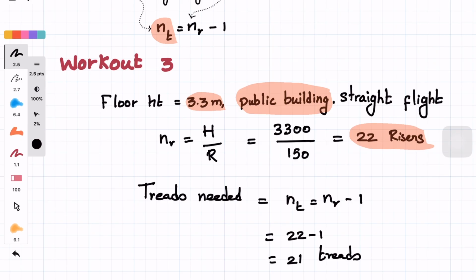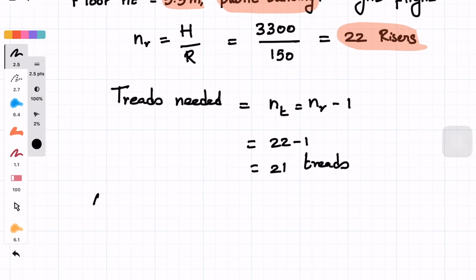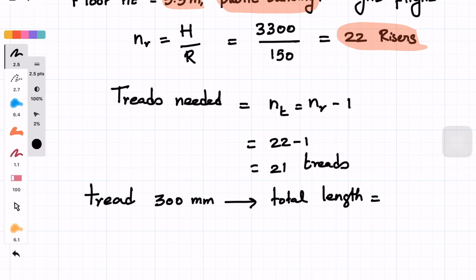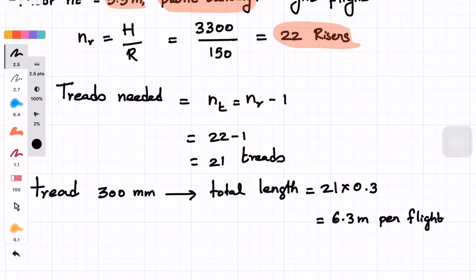Okay. And since it is a public building, assume a tread of 300 mm. So the total length equals 21 into 0.3 meter, which is equal to 6.3 meters per flight.